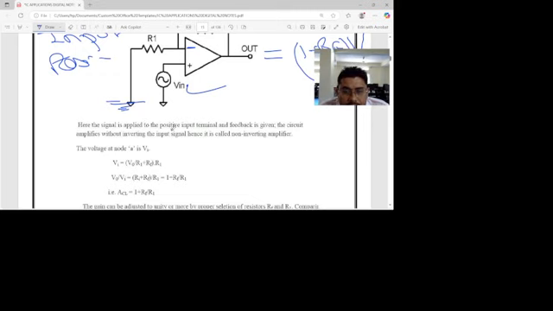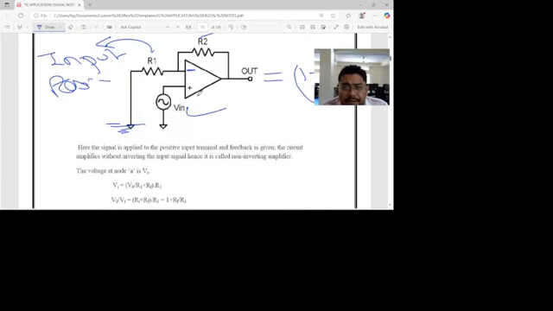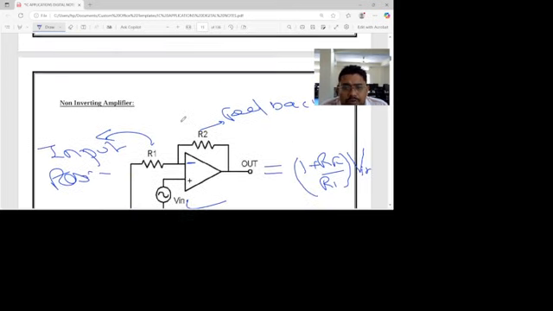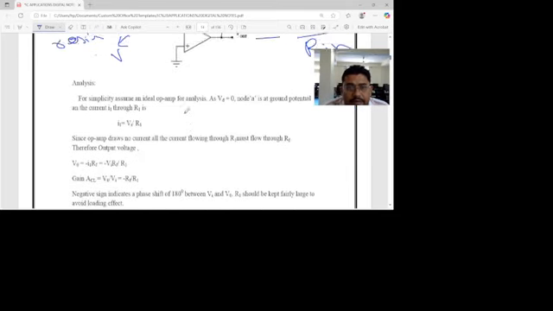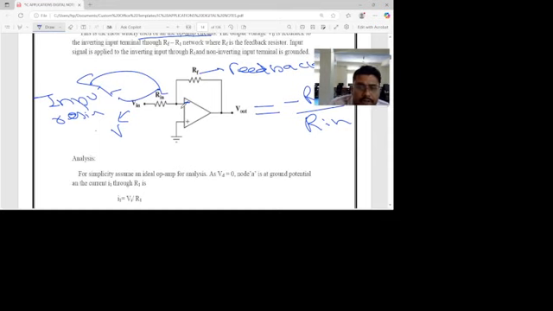Here the signal is applied to the positive terminal and feedback is given to the circuit, without inverting. We can derive this output voltage using KVL. Otherwise we can also derive it using KCL at this terminal.